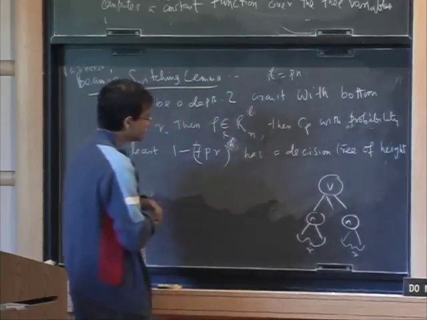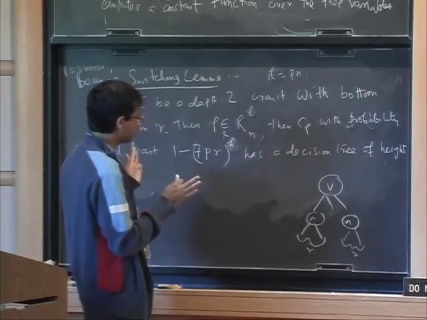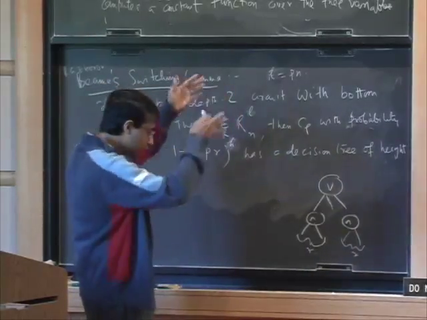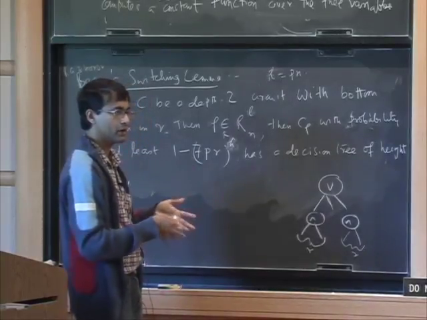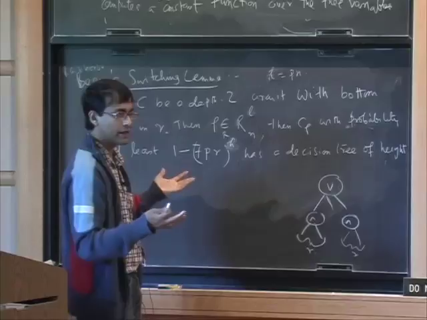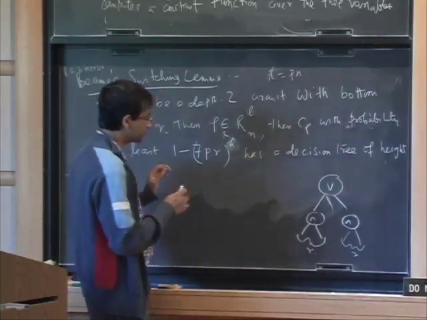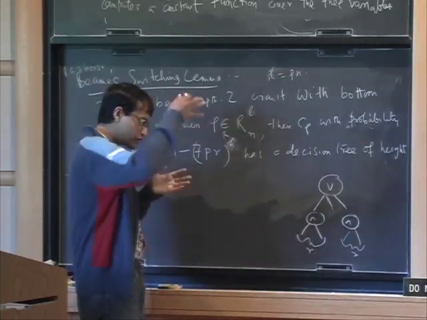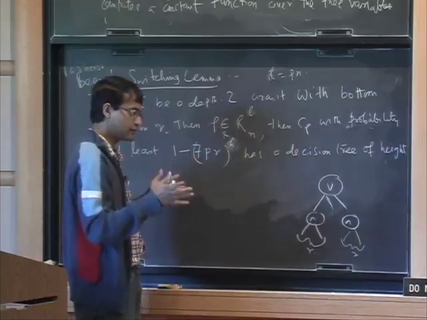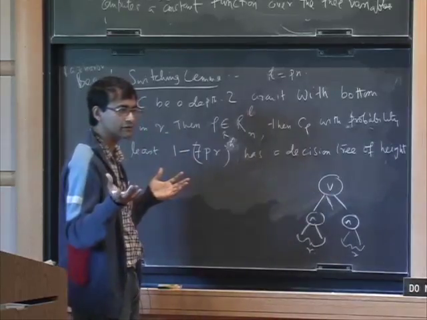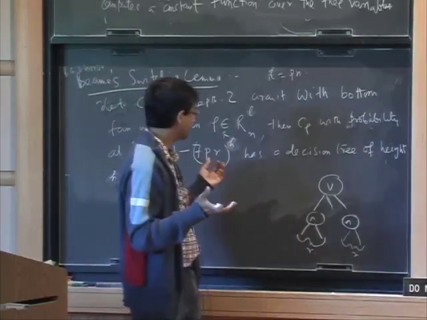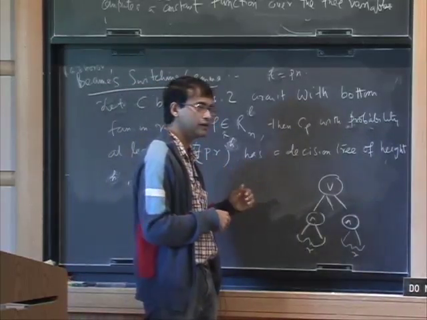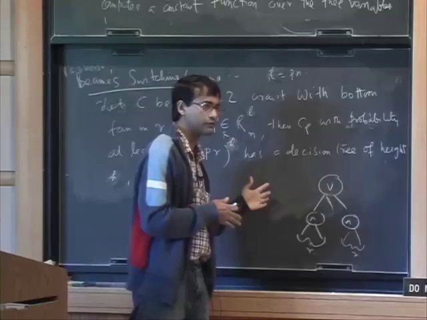If you have a decision tree of height h, then you have the following advantage. Look at all the paths in the decision tree that lead you to a zero answer. If you consider all such paths and do a disjunction of those paths, then you get a depth 2 circuit for the negation of the function.